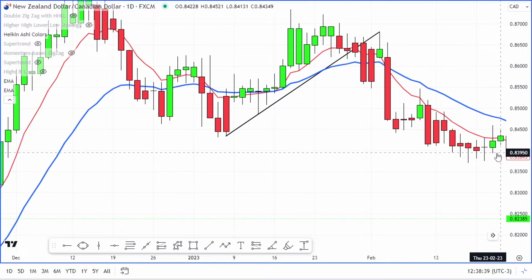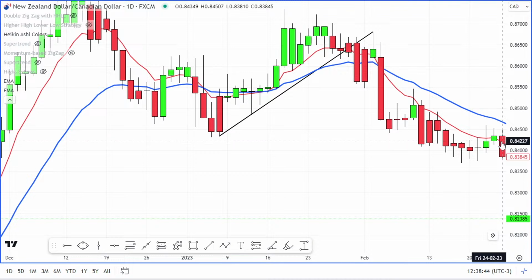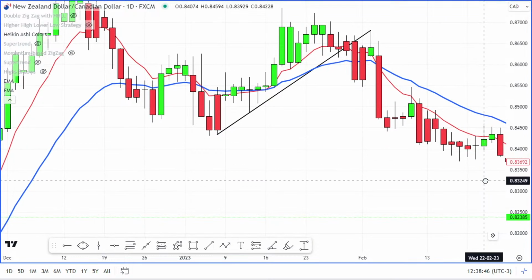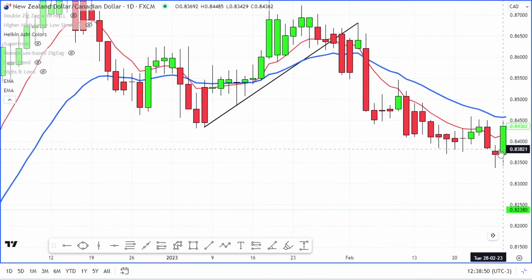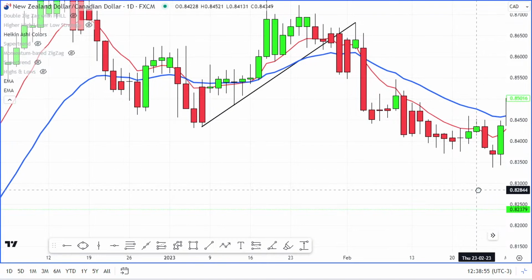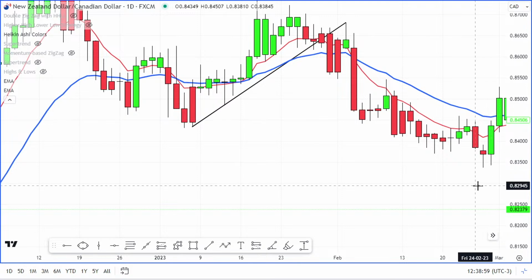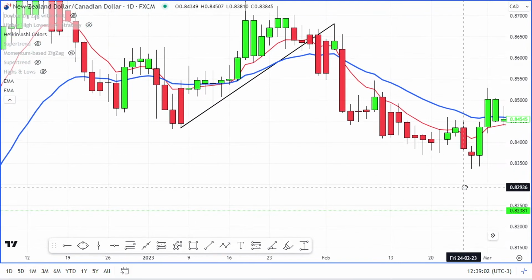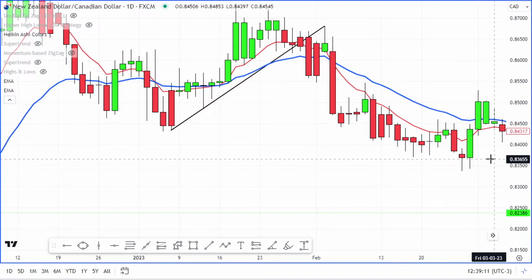You are staying out, bam, it went red again, you must re-enter. You are staying in the trade, making money, bam again, green, you get out 50% of your position. And second one, you are staying out, you get in again with the 50% that you got out.